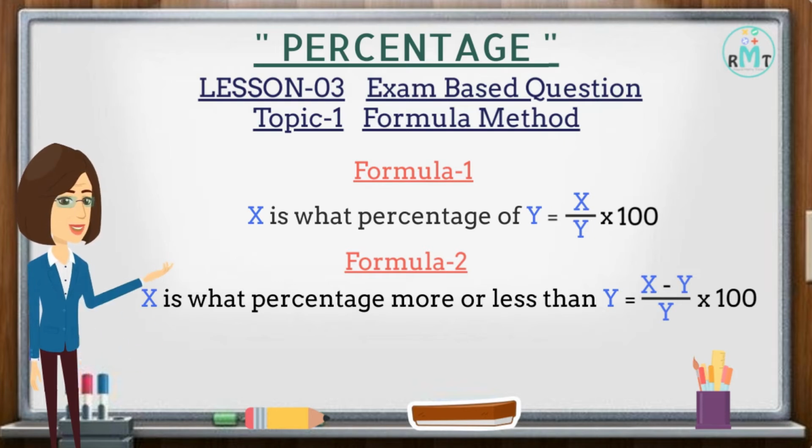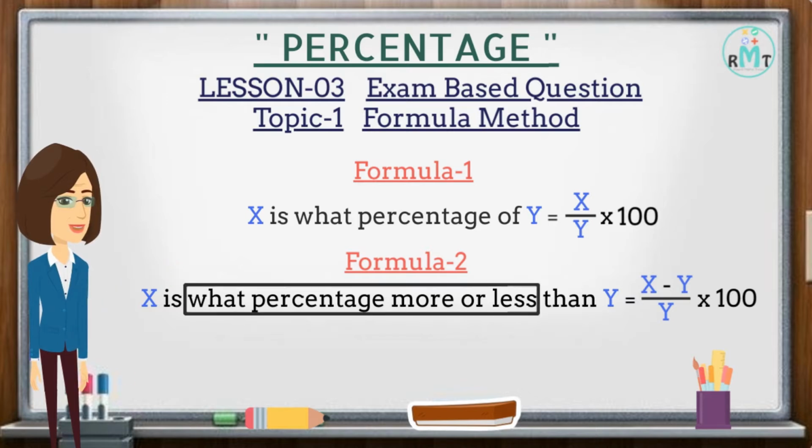If you find only the words "what percentage", then you have to apply formula 1. If you find the words "what percentage more or less", then you have to use formula 2.